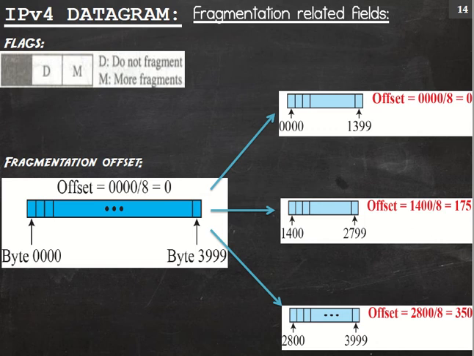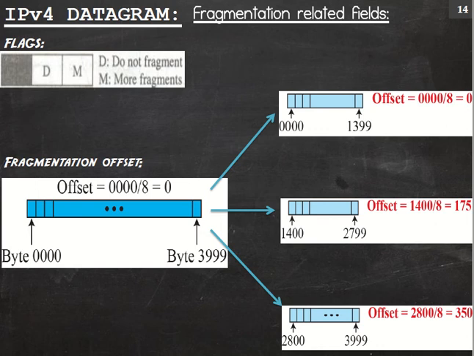The next bit is the D bit, which stands for do not fragment. If the second flag bit is equal to 1, the machine must not fragment. So if it cannot pass the datagram through any other available physical network, it has to discard the datagram and send an error message.